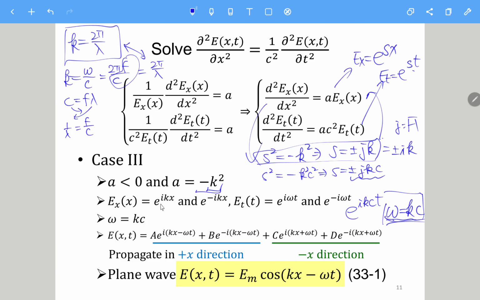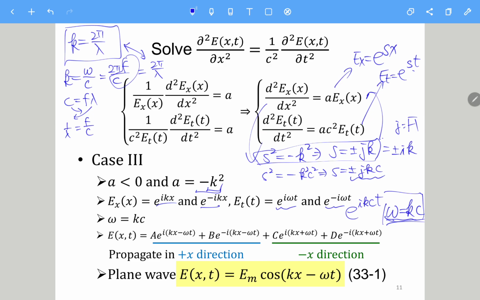Okay, so here we have E of x to be exponential to plus or minus ikx, and E of t to be exponential to plus or minus i omega t. Of course, we should have a times this one plus b times this one added together, and c times this one and d times this one added together, and then we multiply them together.